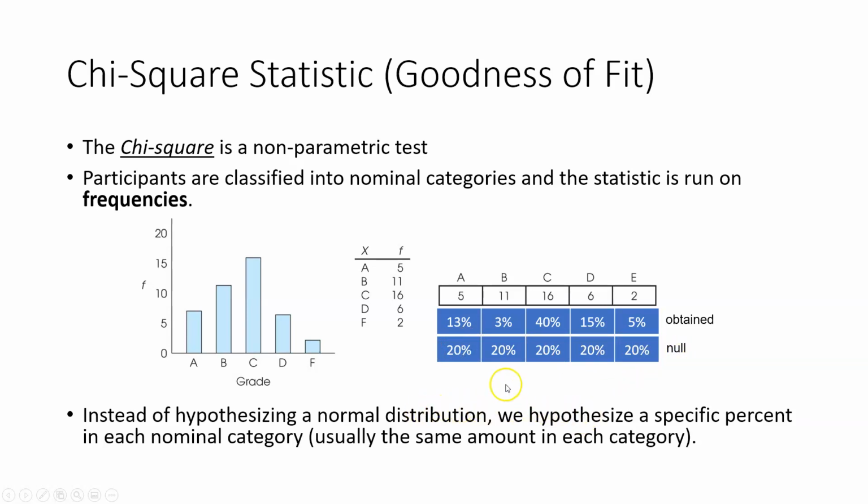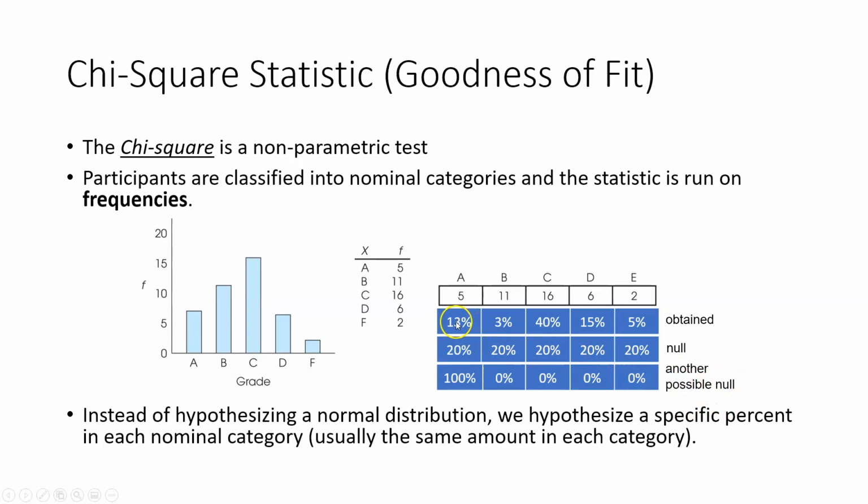In this case, we might say it's the same amount in each category. That might be our null hypothesis. But it doesn't have to be the same amount in each category. You might compare it against a null hypothesis in which everyone got an A and nobody got anything else. But whatever you're comparing it against, the question you're asking is, do the percentages that we obtained differ from what we expect in the null hypothesis or another null hypothesis, whatever we've chosen?